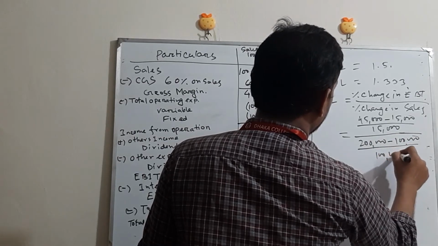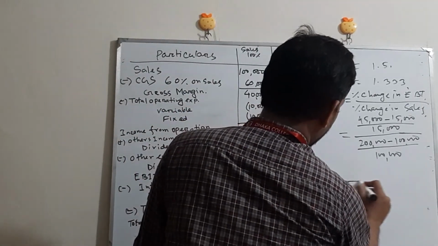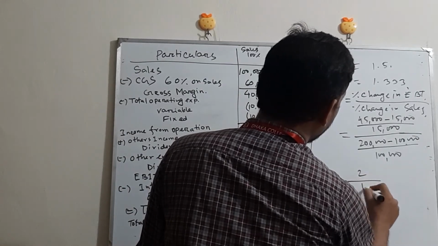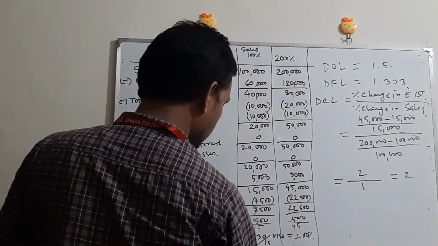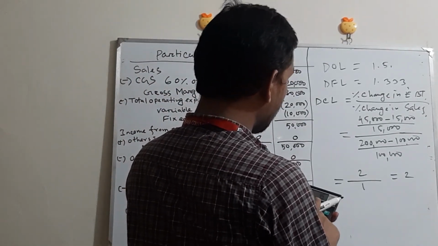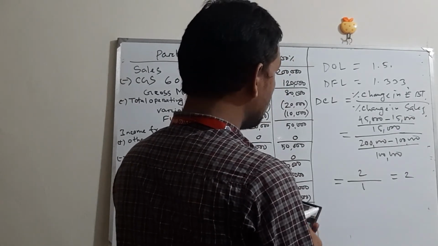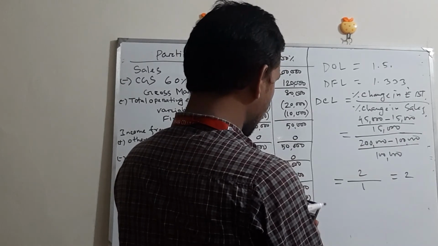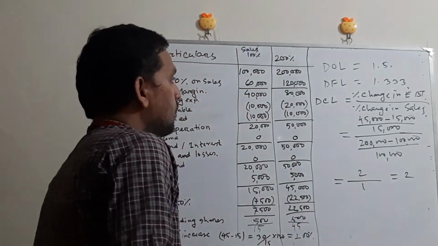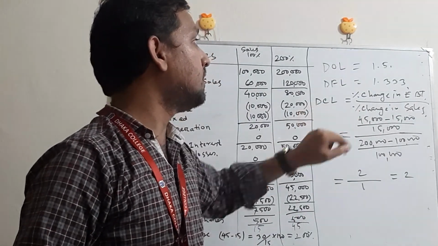So 30,000 taka over 15,000 is 2, divided by 2 minus 1 over 1, which is 1. So it is 2. So DCL is 2, degree of combined leverage.